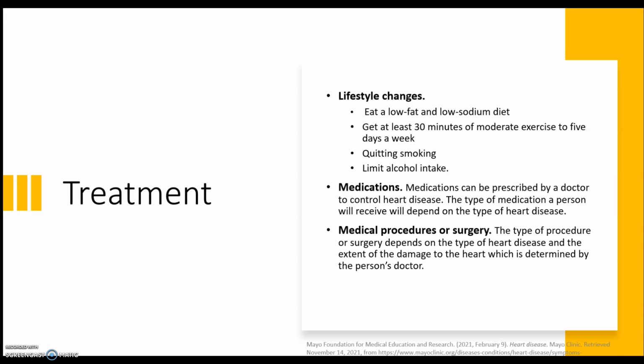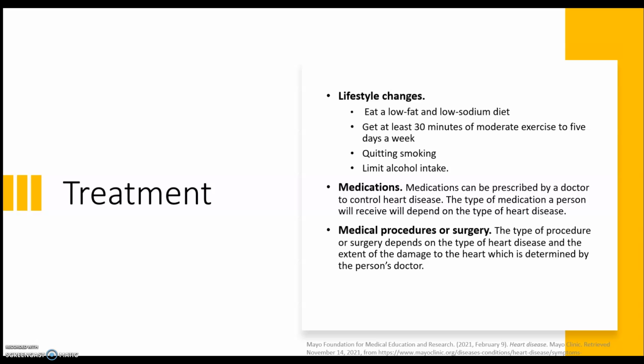A person can eat a low fat, low sodium diet, get at least 30 minutes of moderate exercise on most days of the week, quit smoking, and limit alcohol intake. They need to stop drinking so much alcohol.